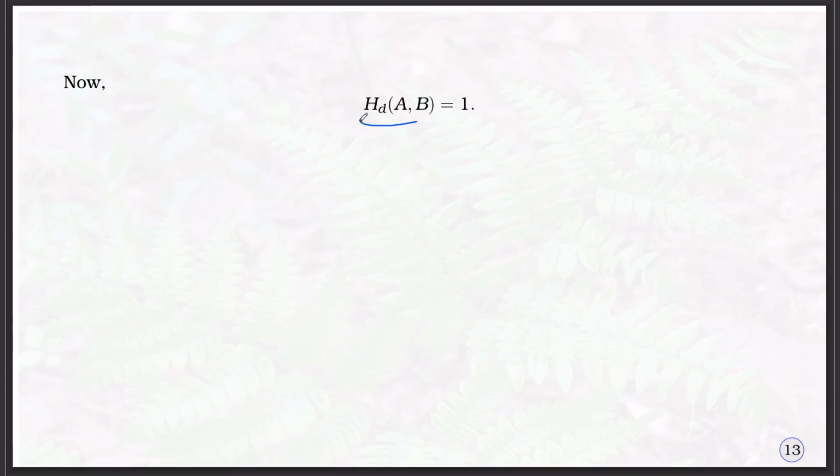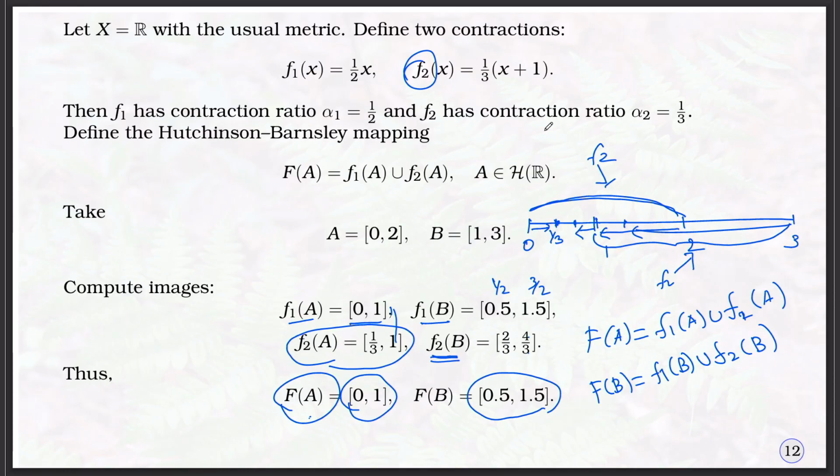Now, what is the Hausdorff distance between A and B? We have the set 0 to 2 and 1 to 3.